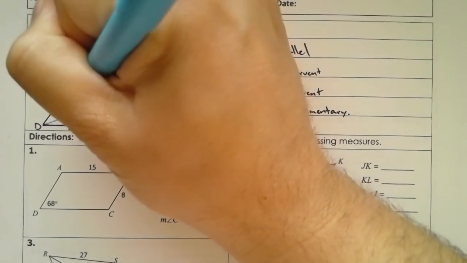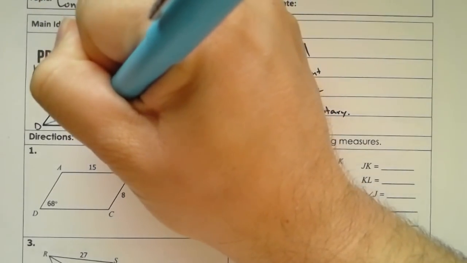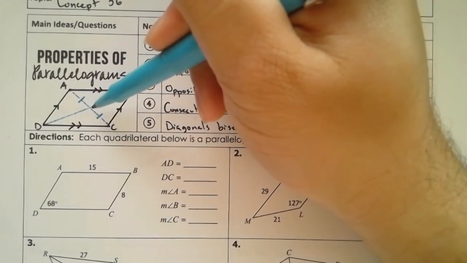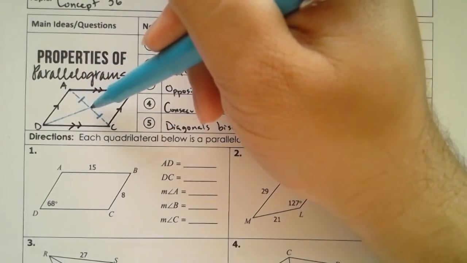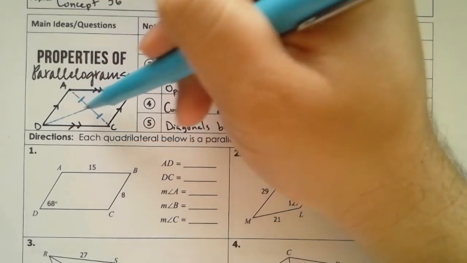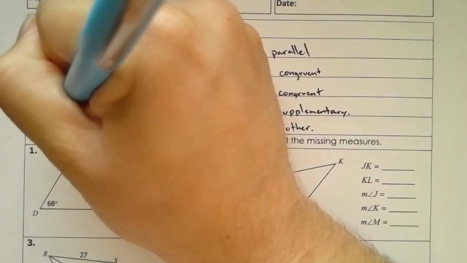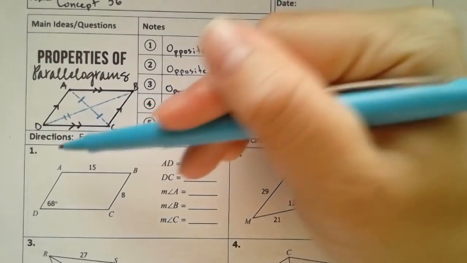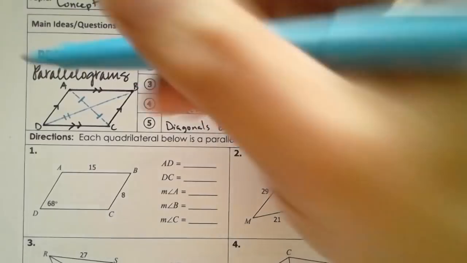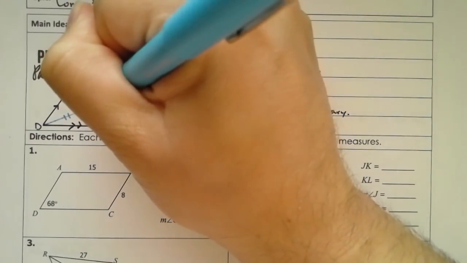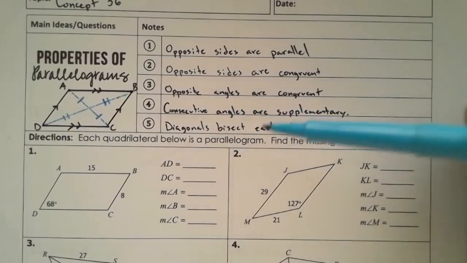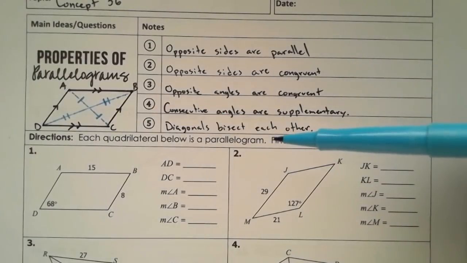So A to the center is equal to the center to C. Similarly, the longer diagonal, from D to the center, is equal to the center to B. That's what we mean by bisection. Whenever you see bisection, it means you have a segment that was cut into two equal pieces.